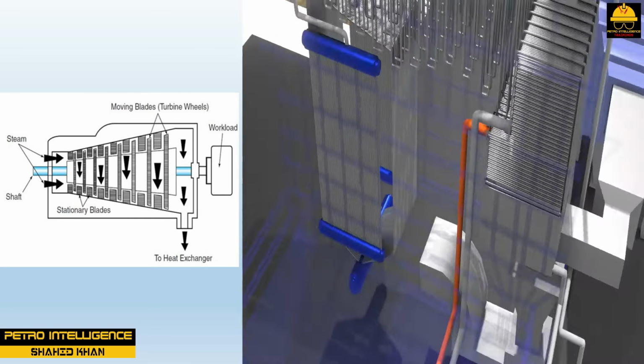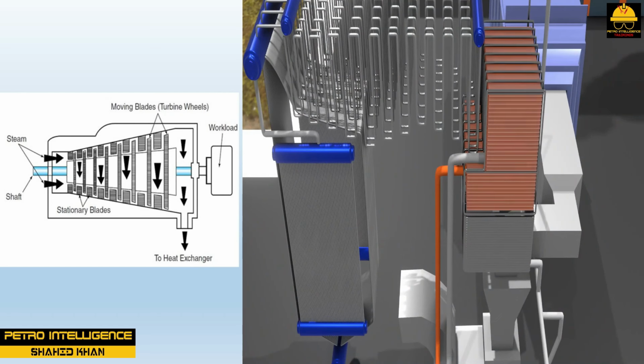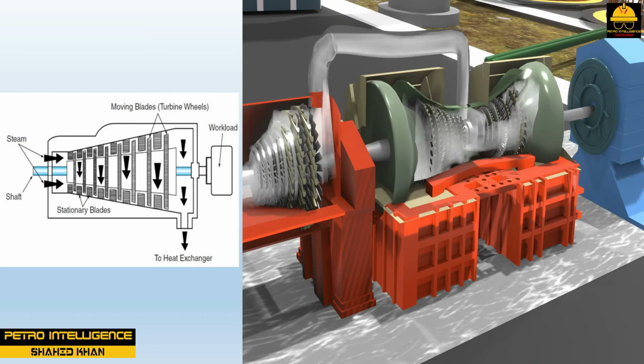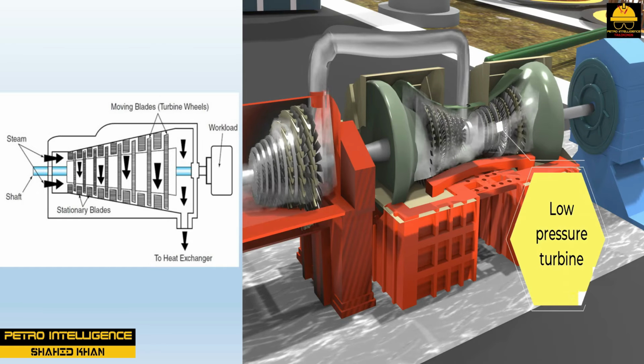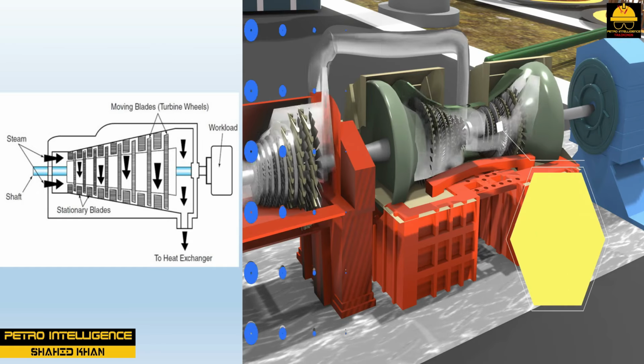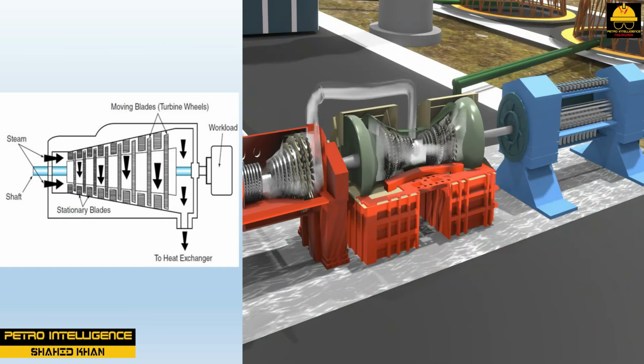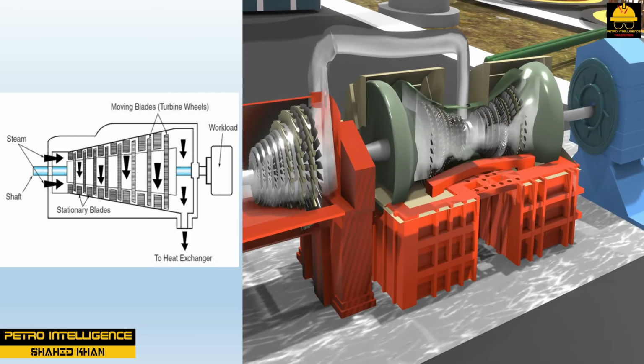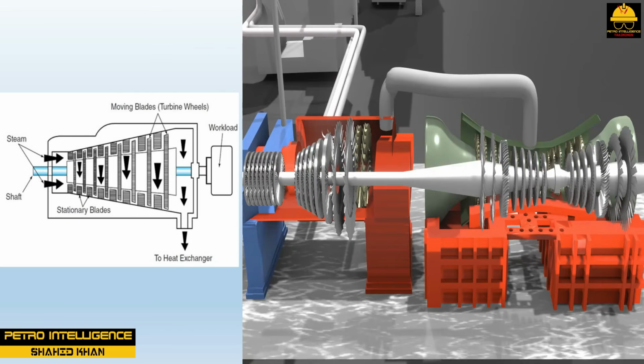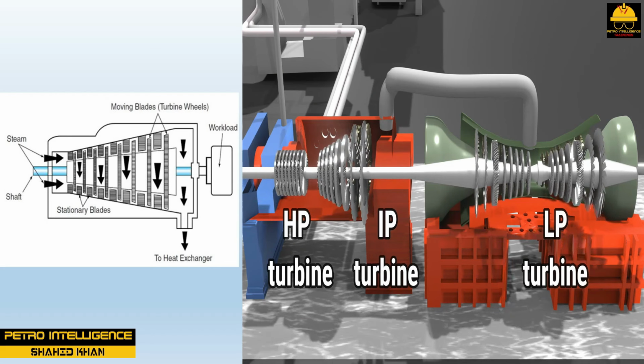As the steam zigzags between the stationary and moving blades, it begins to expand as much as 1,000 times its original volume. Modern turbine design increases the size of each stage, giving the turbine a conical shape as shown in picture.